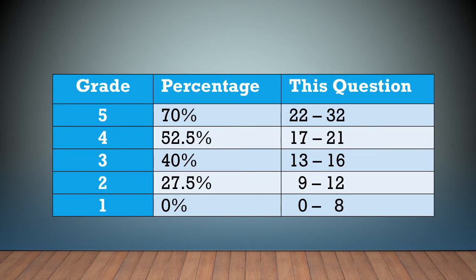There are 32 points available for this question. There is no exact formula for what number of points will constitute a 5, 4, 3, 2, or 1 on the AP exam. However, these percentages are what have been used in the past based upon exams released by the College Board.